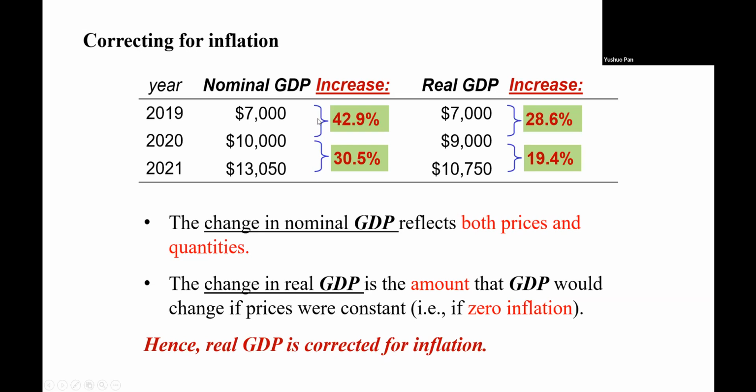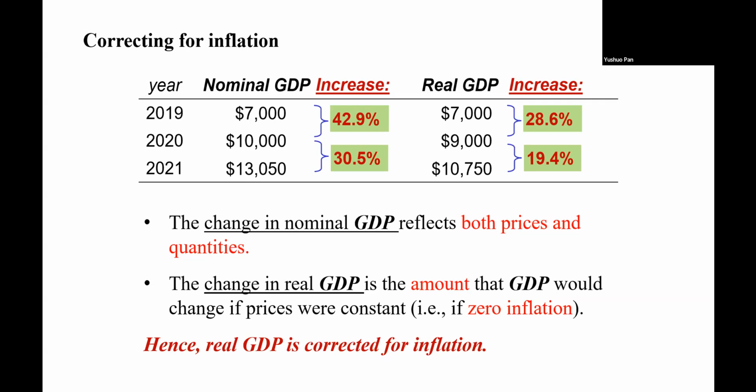First of all, because productivity will increase with technological advance, the quantity will increase year by year. That's the real GDP increase. For the nominal GDP increase compared with the real GDP increase rate, except the quantity part, the price usually will go up over time.